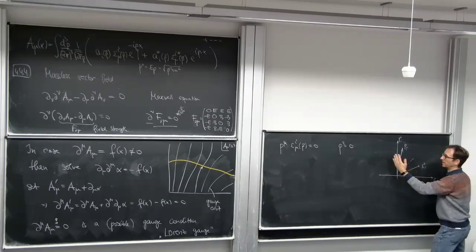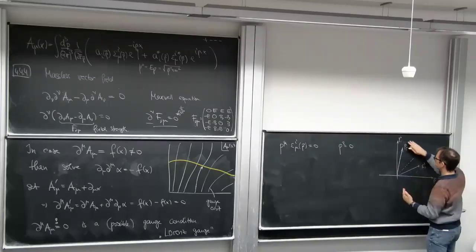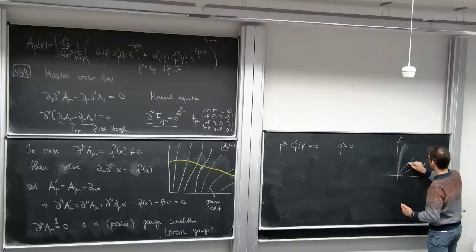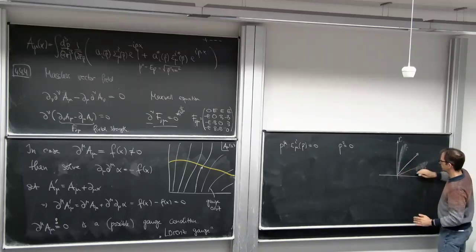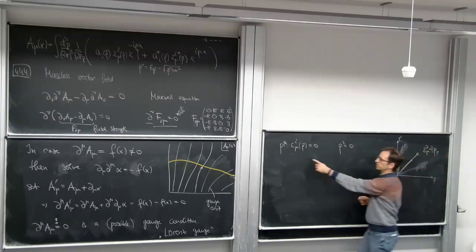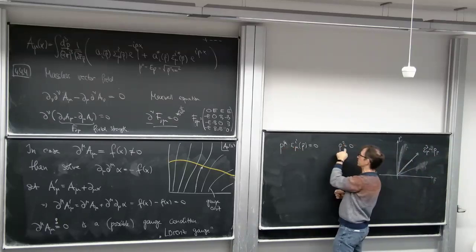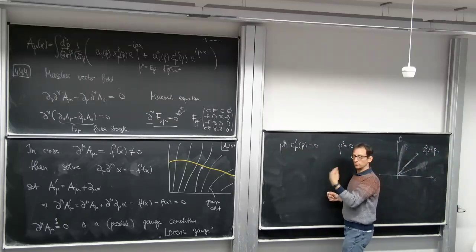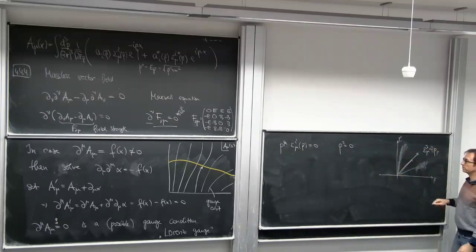But now our mass goes to 0, so the P becomes a light-like one, so it moves here. And then the orthogonal one moves here too. So essentially the epsilon 3 is proportional to P, which makes sense because you want this to be 0. So one polarization is in the direction of P.